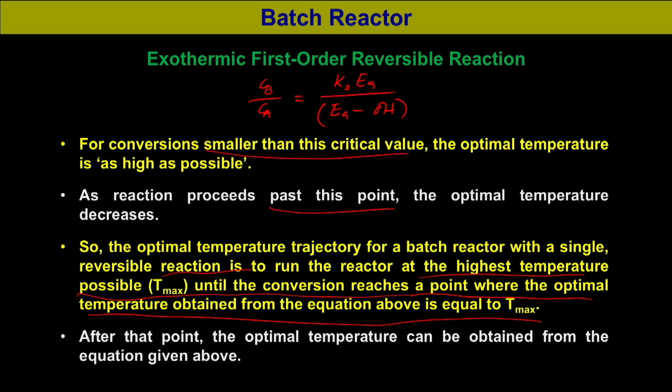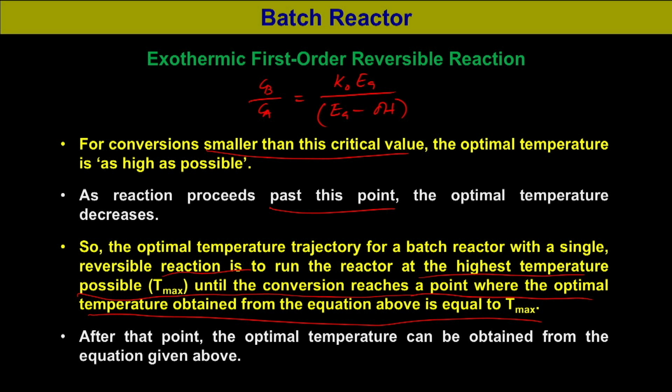So, initially, if we would like to get a higher reaction rate up to this critical conversion, when the Cb by Ca would be equal to this term where the ln term will be infinite, then we can keep the temperature as high as possible to reach the higher conversion with a minimum time. Then as the reaction proceeds past this point, the optimum temperature will decrease. Because it is an exothermic reaction, we have to lower down the temperature.